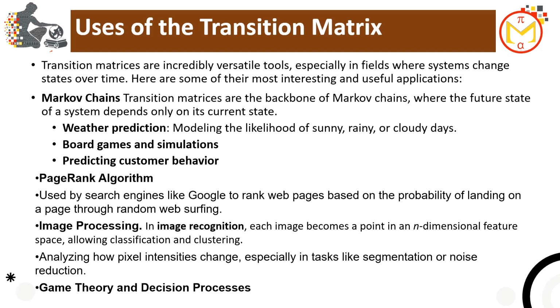And again, in game theory and decision processes, these transition matrices are very useful in these concepts. And when you go to higher mathematical concepts, you'll be meeting these concepts, and again, you'll be using the transition matrix. Okay. All right.